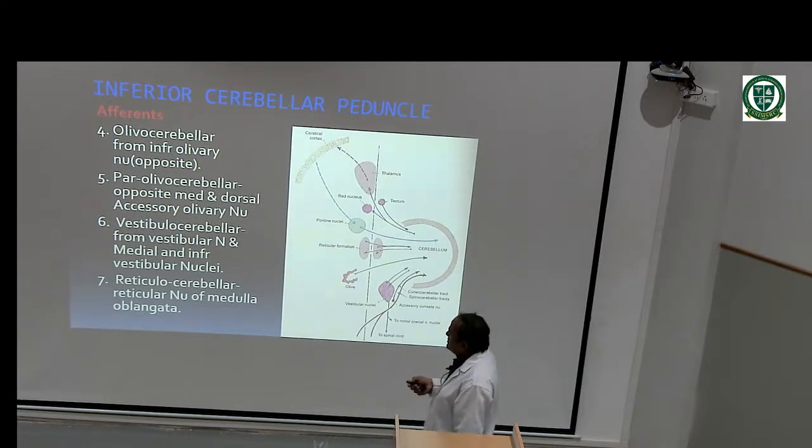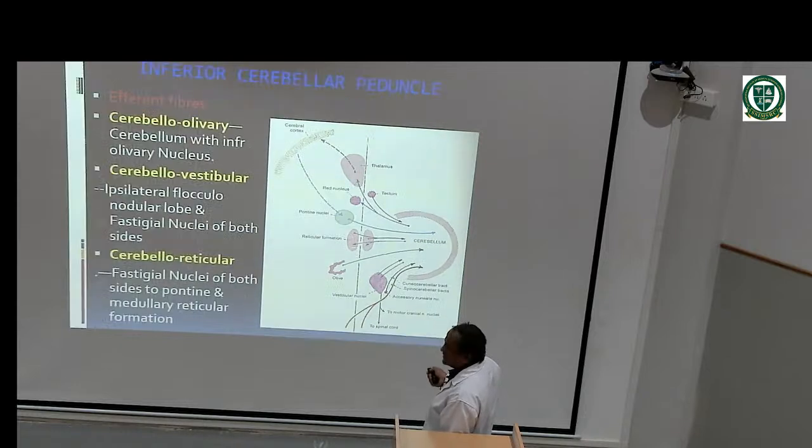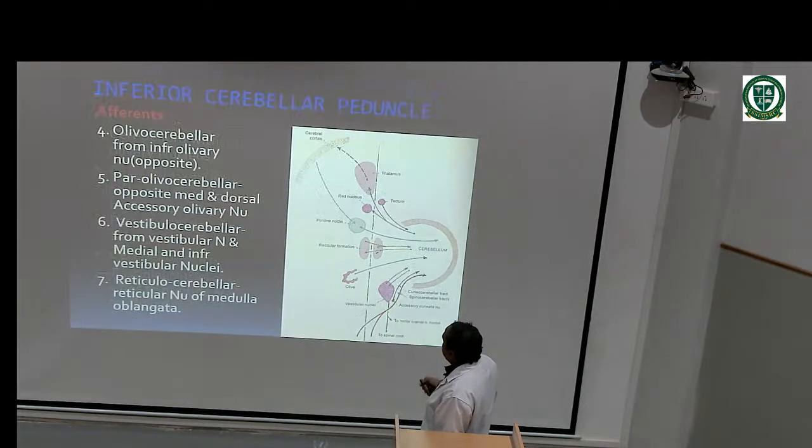And lastly, one more group of fibers, the reticulocerebellar fibers, arise from the reticular nuclei of the medulla oblongata, in the reticular formation, and enter the cerebellum through the inferior cerebellar peduncle.